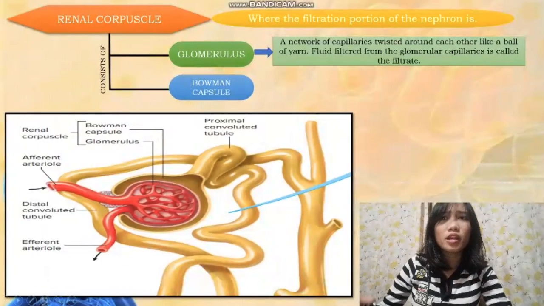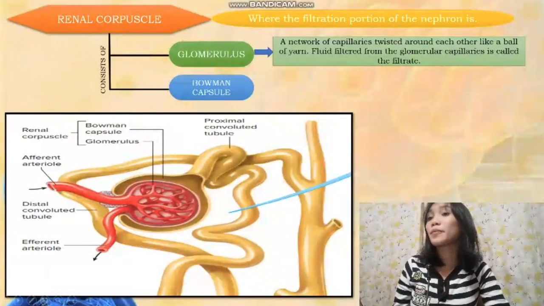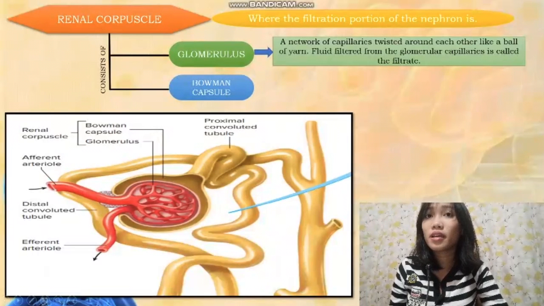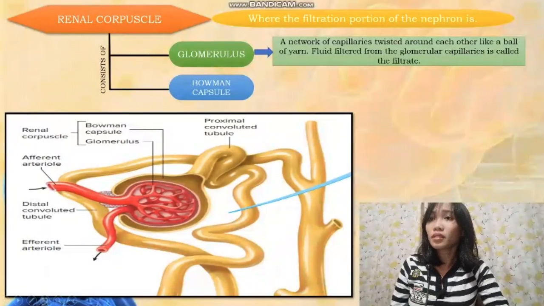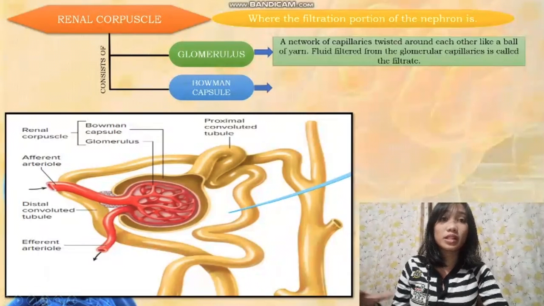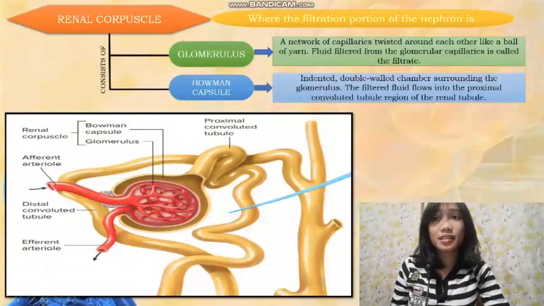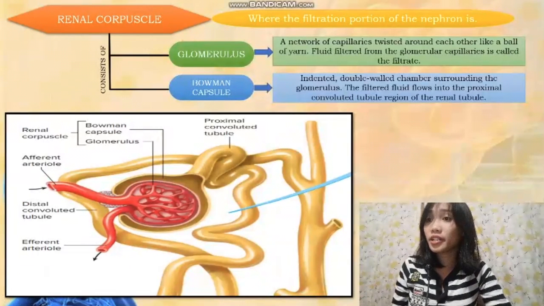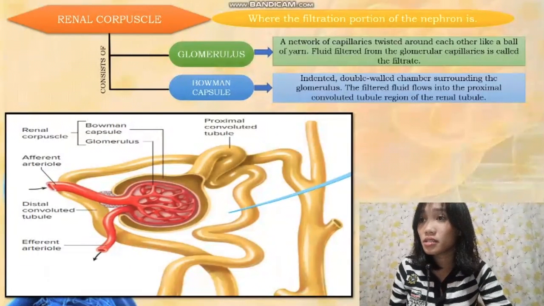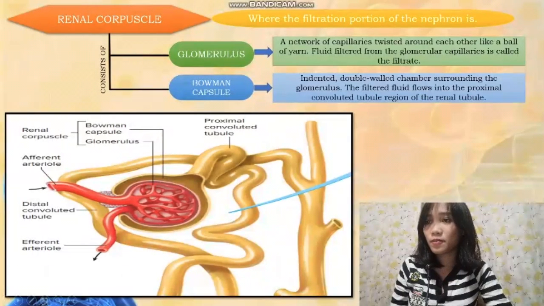The fluid filtered in the glomerular capillaries is called the filtrate. The Bowman capsule is the indented, double-walled chamber surrounding the glomerulus. In this picture, this is the Bowman capsule.